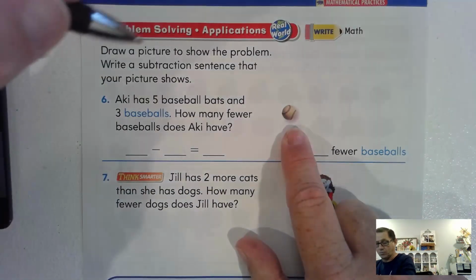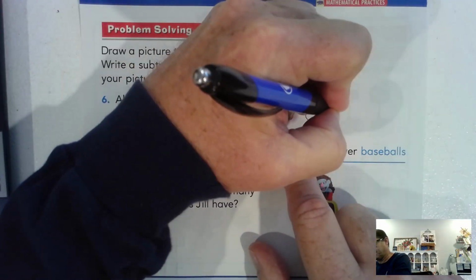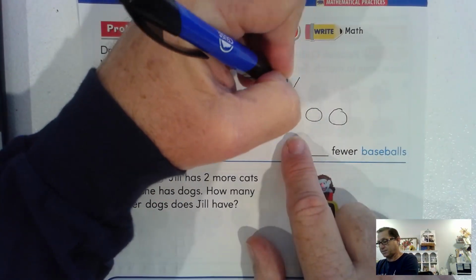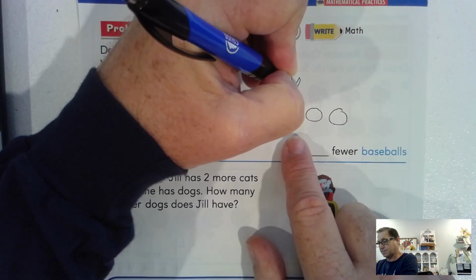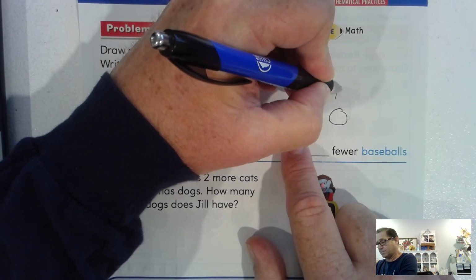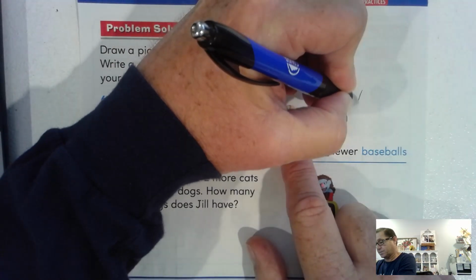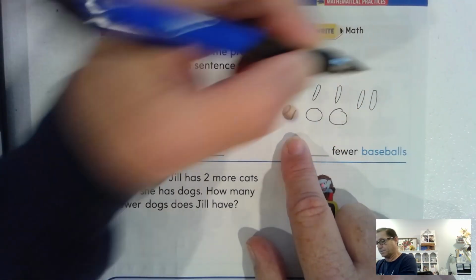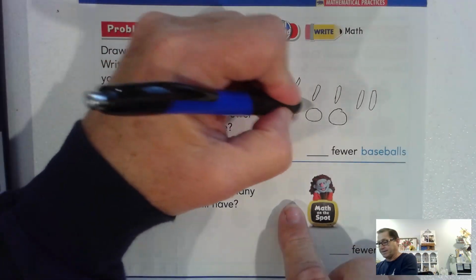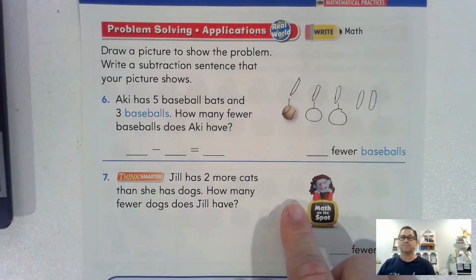Okay, so 3 baseballs. Okay, and I'm just going to draw little ovals for the bats. I'm going to connect the bats to the baseballs.